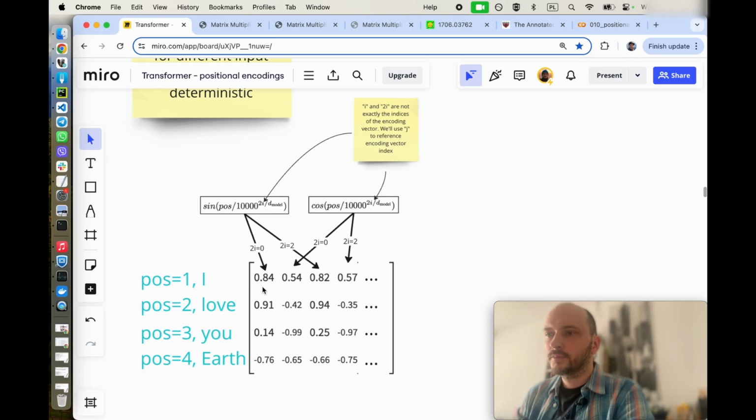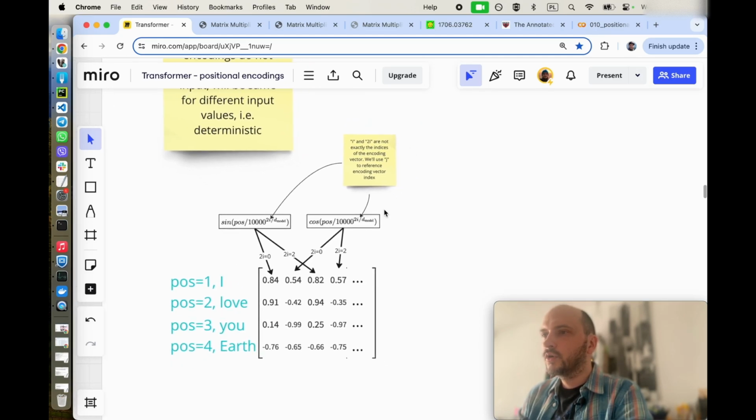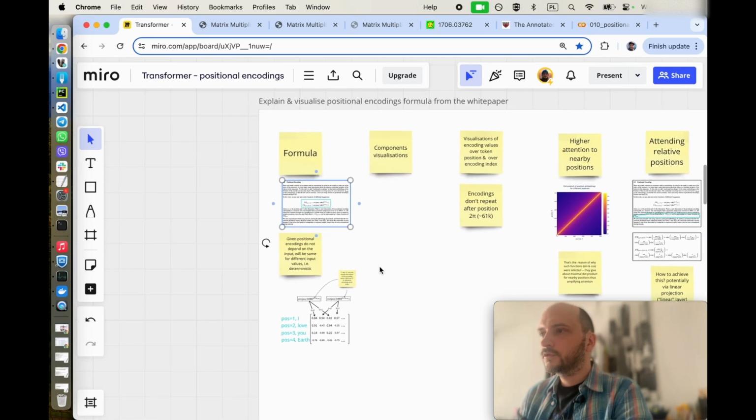So this is for position 1, 2, 3, 4, etc. Then for encoding index 1, we will use cosine, and it will look like that. Then for index number 2, we will again use sine, but with 2i equal to 2 here, and then cosine for the next one, etc., etc., till we get to the d_model index, which is 512 by default.